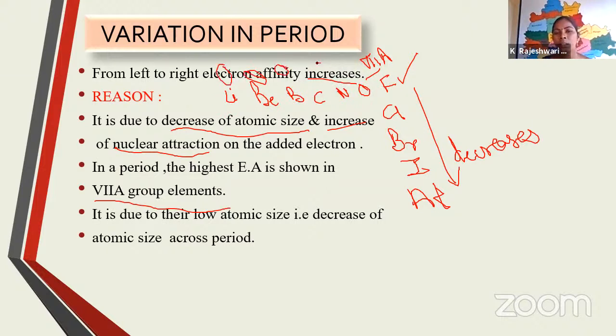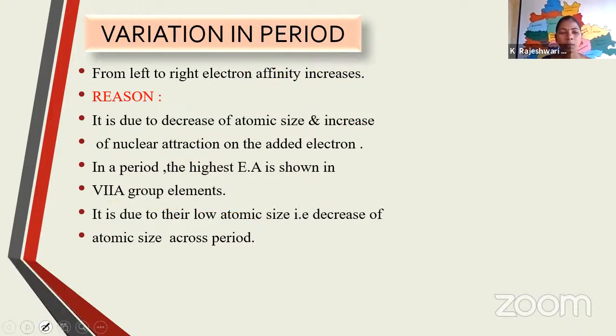Fluorine has a very small size in the period we are discussing. That's why a decrease of atomic size means more electron affinity. Now, the highest electron affinity is shown by which group elements? 7th A group elements. Remember this point.